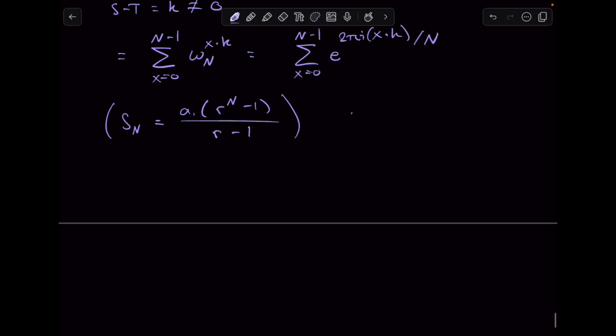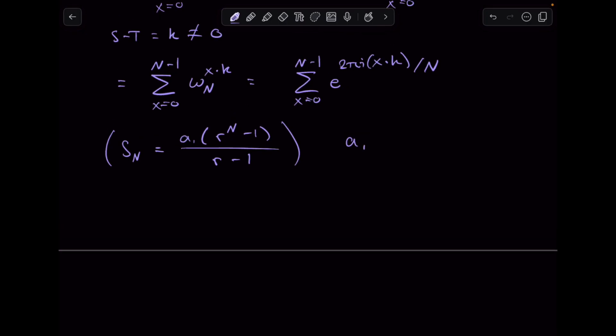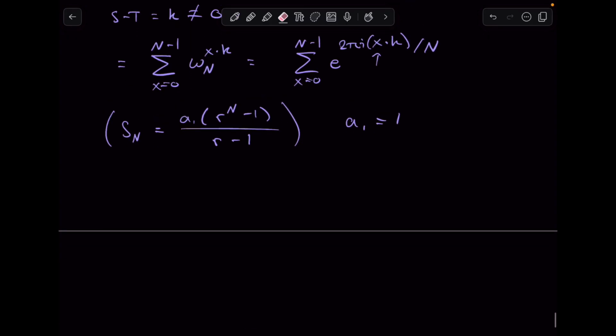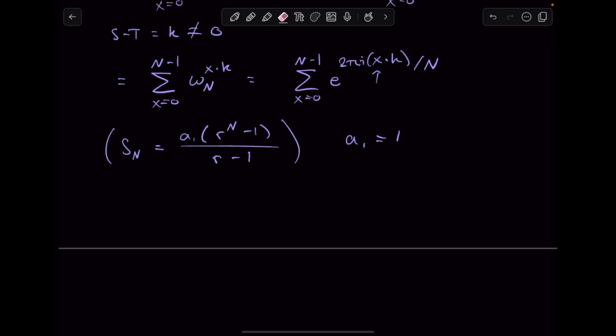So here, our first term is when x is equal to 0. So e to the power of 0 is just 1. Okay, so it's easy to see that at each step of this sum, the term that we're adding increases by a factor of e to the 2 pi i times k over n.